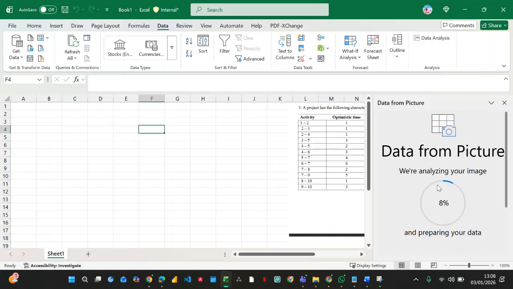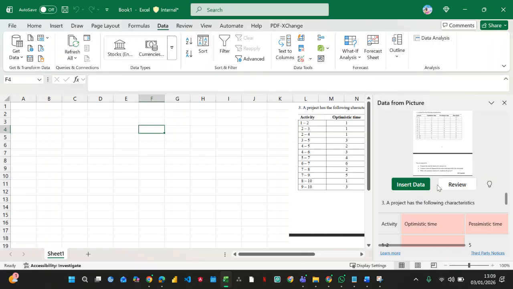Okay, I want to convert that data to Excel so we can use it. Okay, I think it's done already.